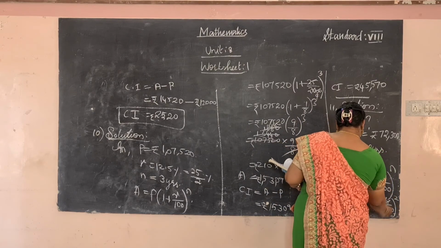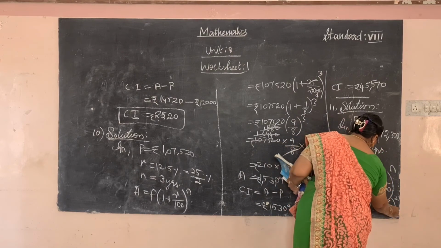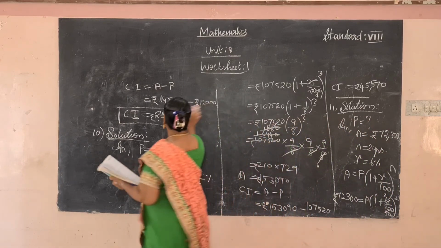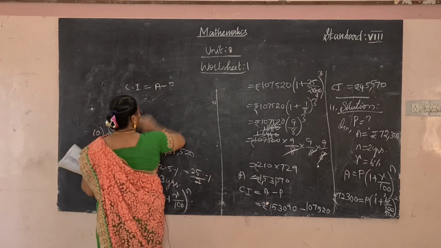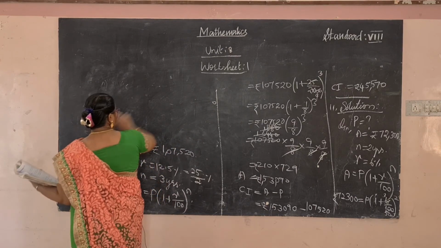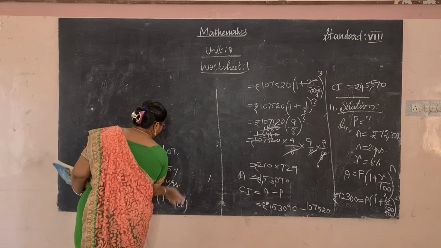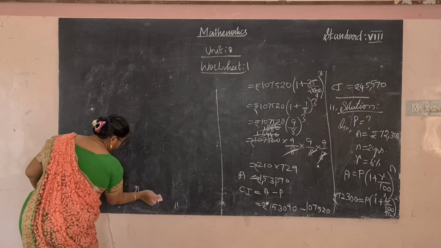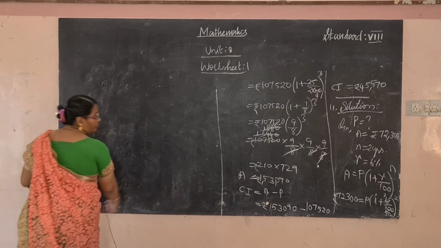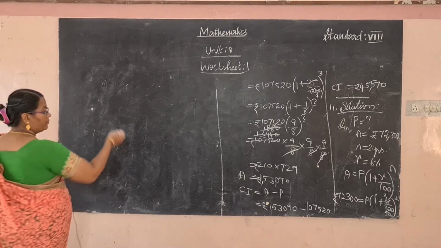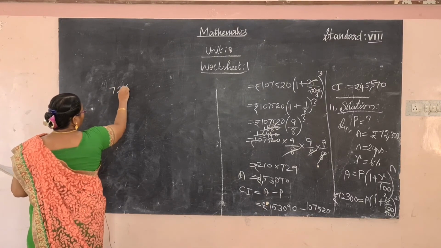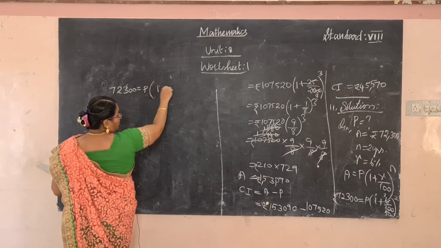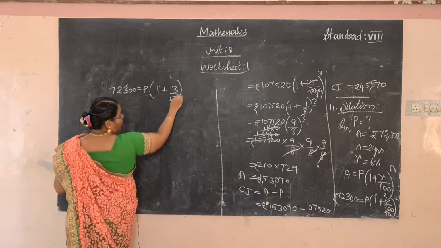Let's simplify in the 2 table. So 72,300 is equal to P of 1 plus 3 by 50, the whole power 2.